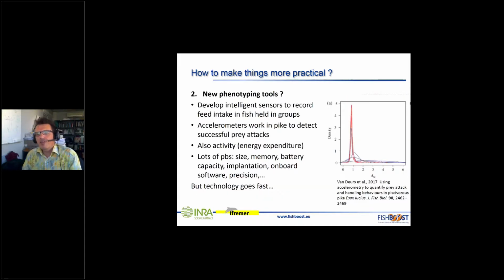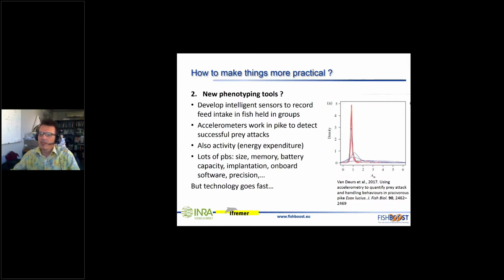How to make things even more practical? Well, if we had new phenotyping tools, we could consider measuring individual feed intake in the real condition, in groups of fish, in farms or in pseudo farms. The idea could be to develop intelligent sensors to record feed intake in fish held in groups.